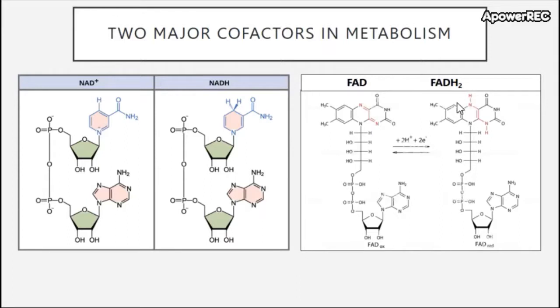For FAD and FADH2, what occurs with this molecule is when it gains two hydrogens, it actually also picks up two electrons. So if you see FAD with the H2 there, you know that those hydrogens came with those electrons, and that charges this FAD.